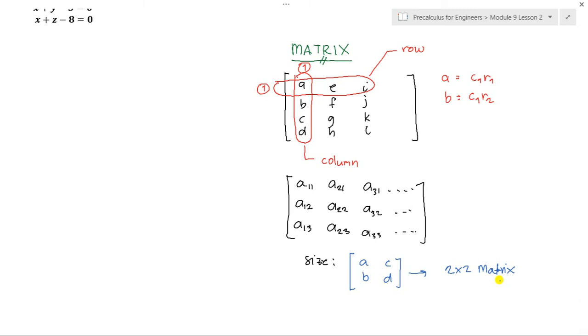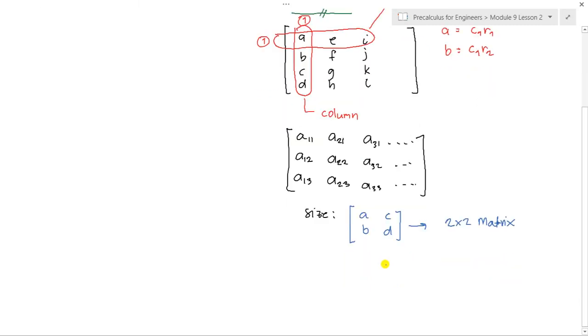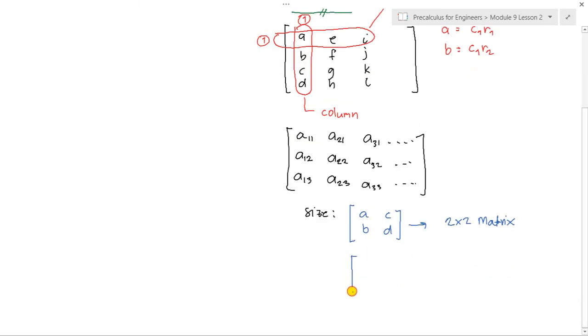Kay 2 sa column. Okay, so ang pag-designate sa size niya is column and row. So kung naa pila ka number sa columns, mapabutang sa first, then pila pod ka row. So kani siyang matrix, pila may size ani niya?